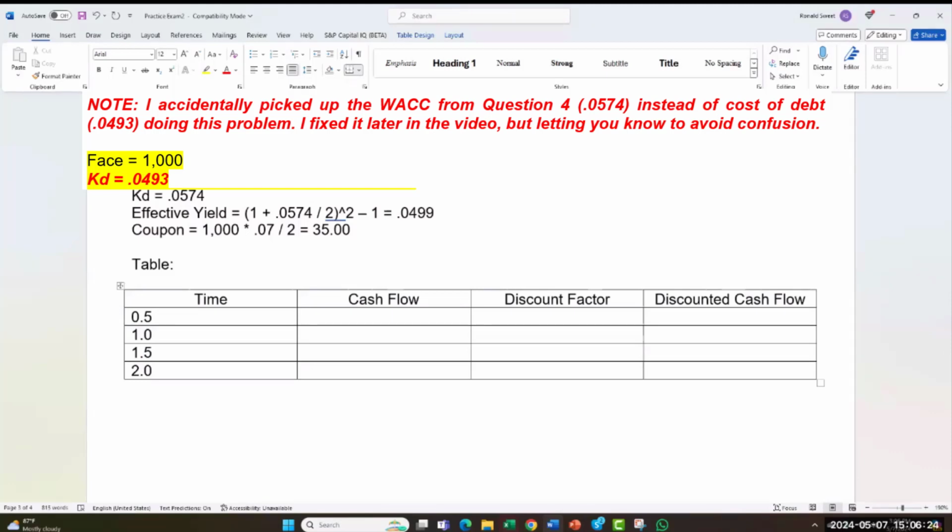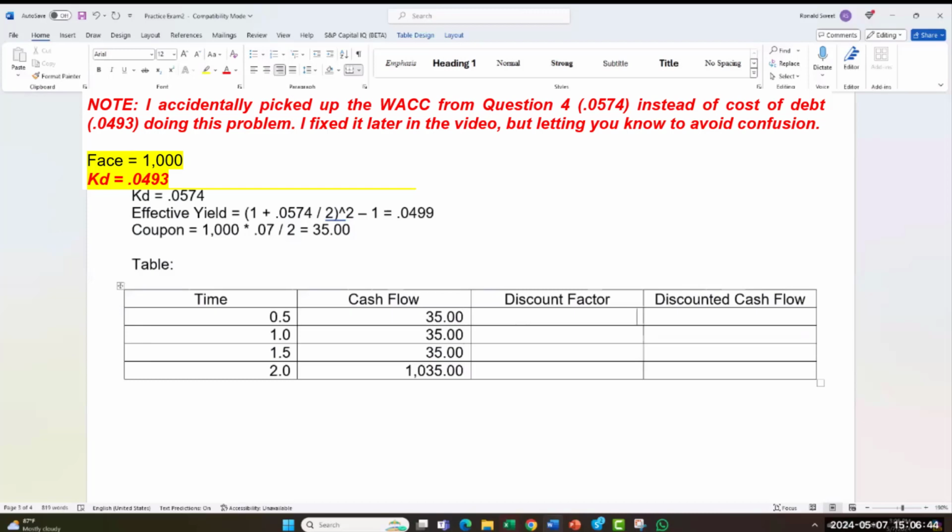Your first cash flow is going to be $35 because you just get the coupon. So cash flows are real simple on bonds: 35, 35, 35, and then at the very end, you get your $1,000 back and 35.